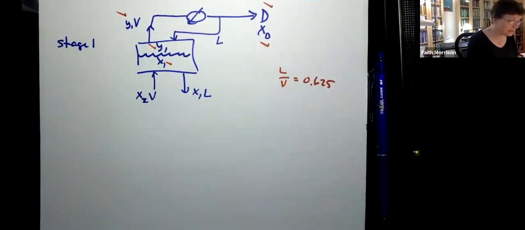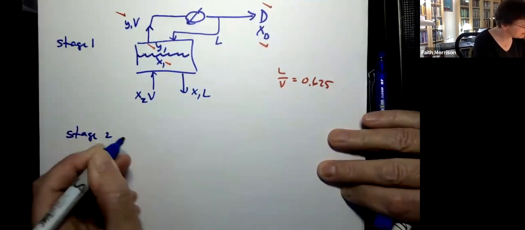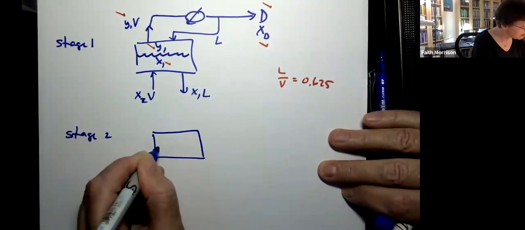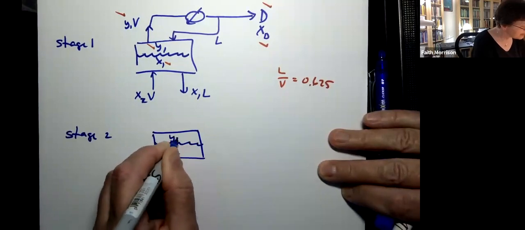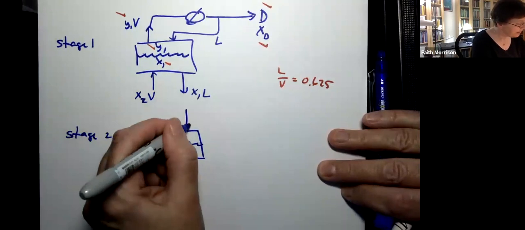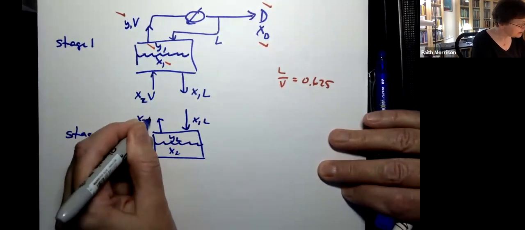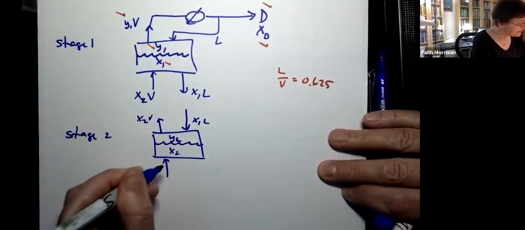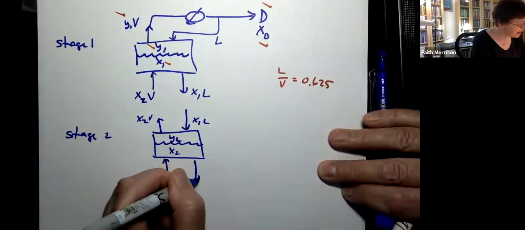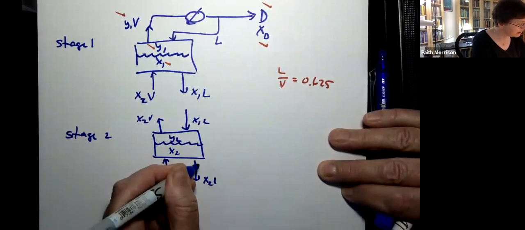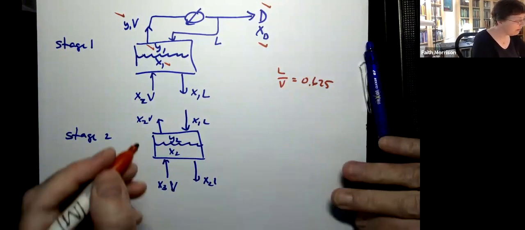And then we have to proceed on to stage 2. So in stage 2, we have x2 in equilibrium with y2. Coming down from above is x1 L. Going up is y2 V. Coming from the next stage is y3 V. And going down is x2 L. So again, just taking an inventory of what we know.